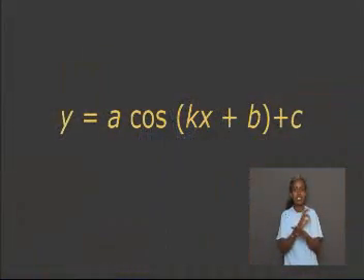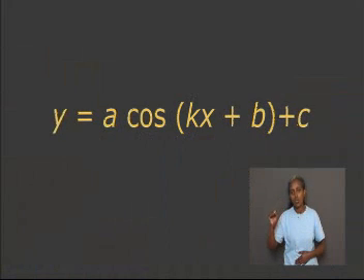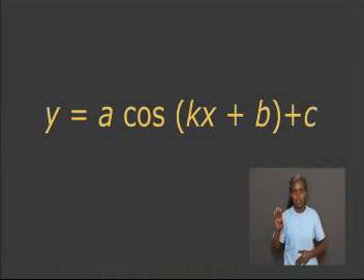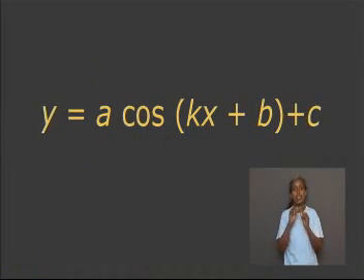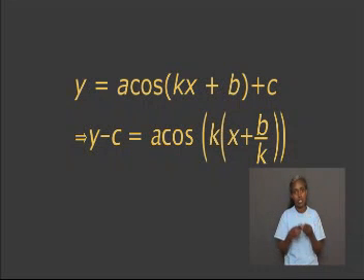Good work. Let us move on to the function y equals a times the cosine of k times x plus b in brackets plus c. You should recall that c and b become phase shift values. We change the equation so that it looks like this.